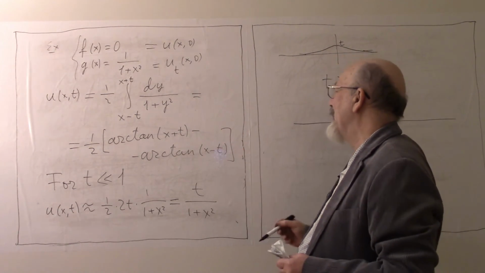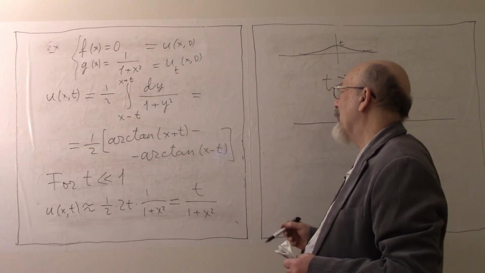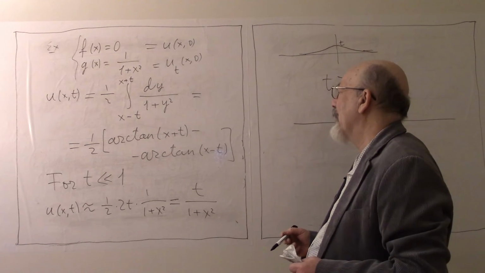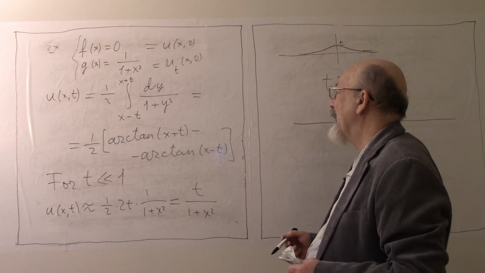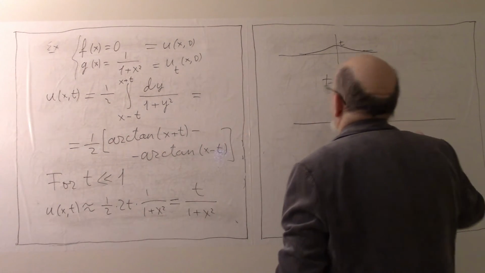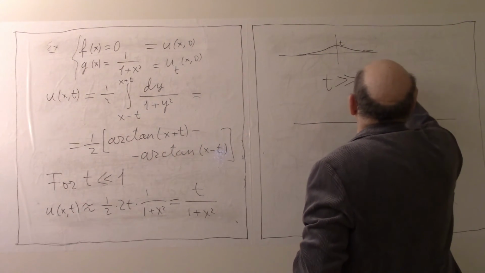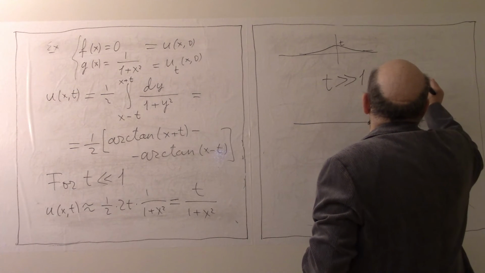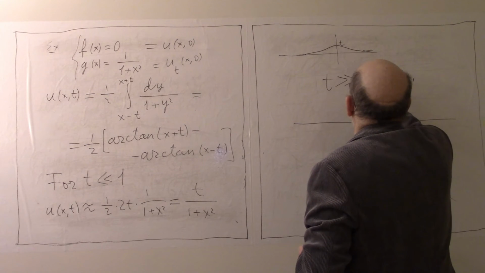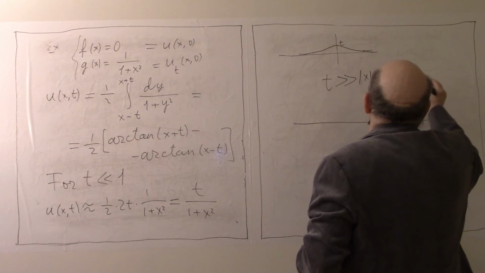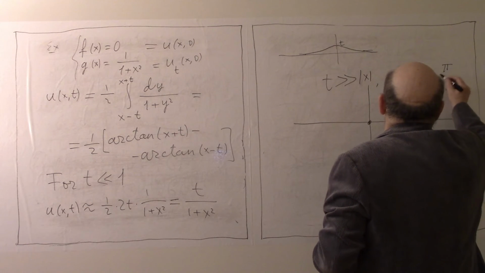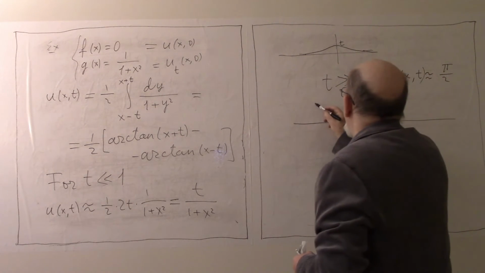Arctangent of minus t is close to minus pi over 2. So the difference is close to pi, and here is 1/2. This means that u(x,t) for x near 0 is approximately equal to pi over 2.